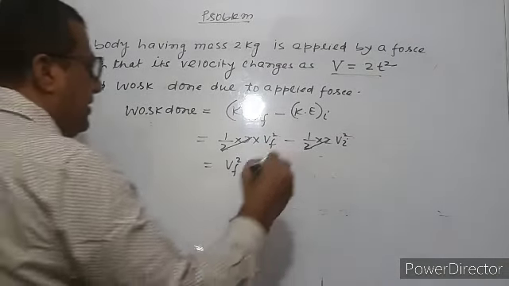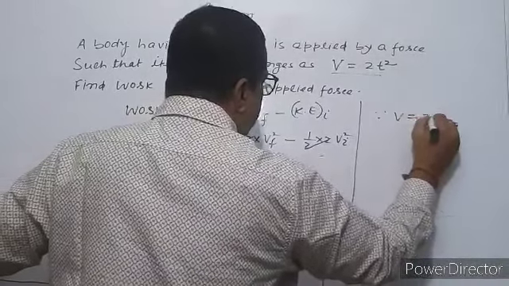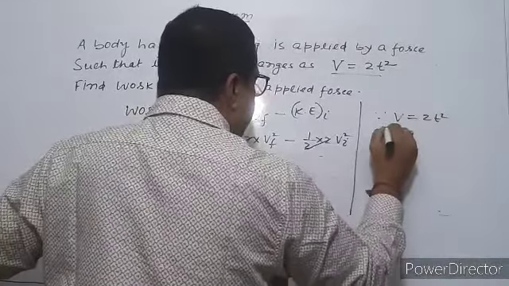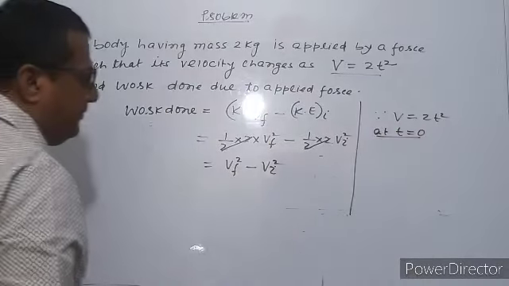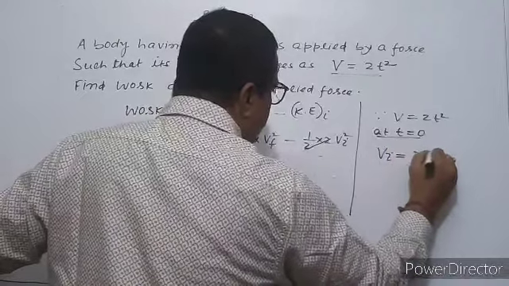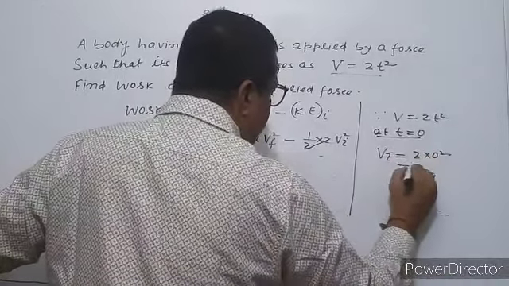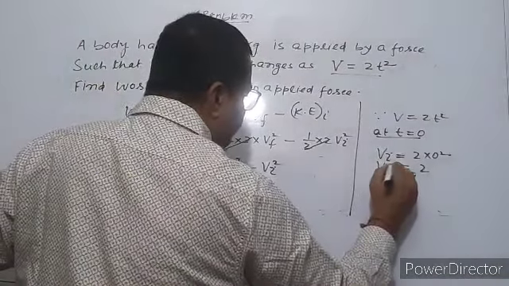First of all, we find, since v equal to 2t square, at t equal to 0 second, that is the initial, vi is 2 into 0 square, that is equal to 0 meter per second.